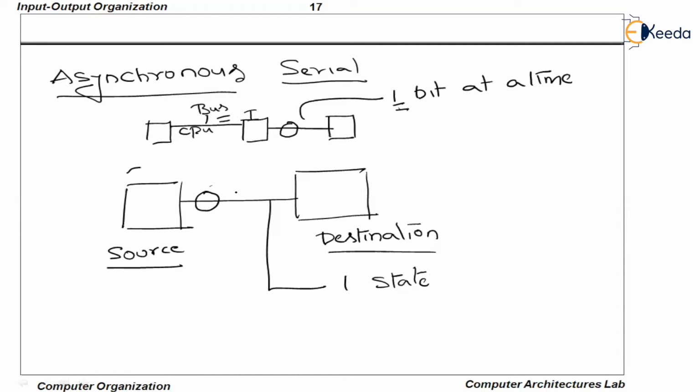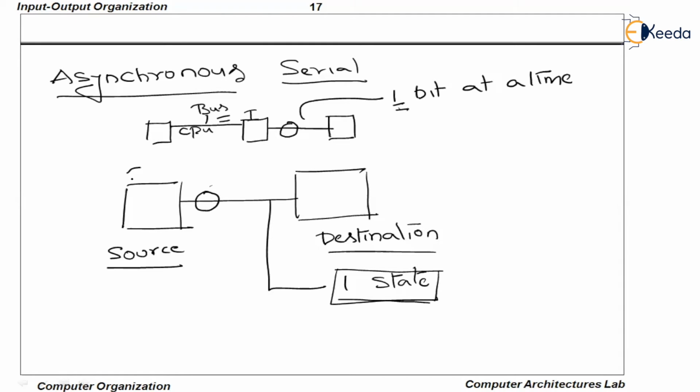So this line will carry all the time one only, that is 1 1 1 1 1. This being transferred means that there is no transfer taking place. Again, whenever there is no transfer happening, this line is said to be in one state. That means some ones will get continuously transferred from either of the ends. So as long as the line is in one state, transfer is not happening.